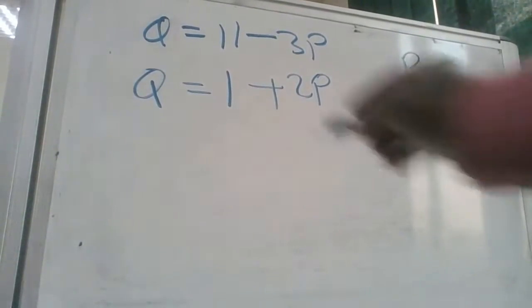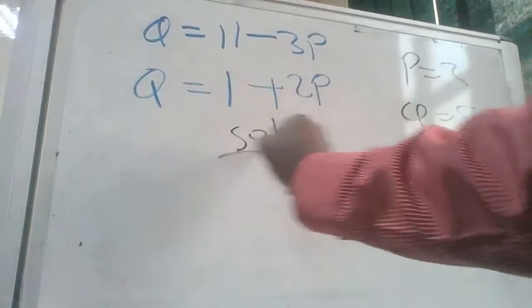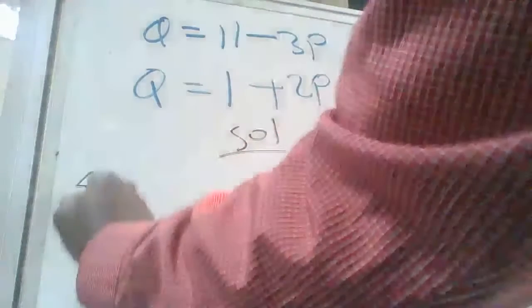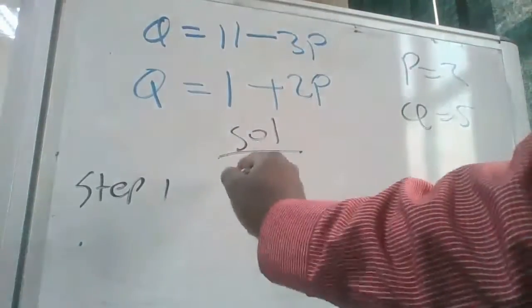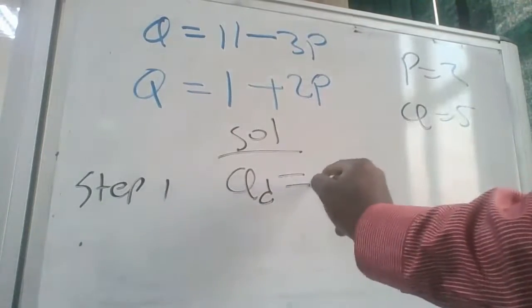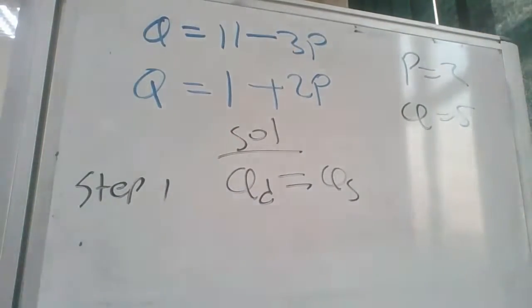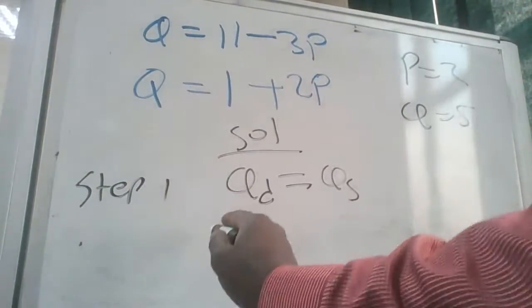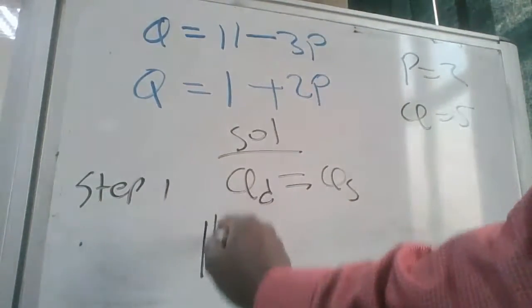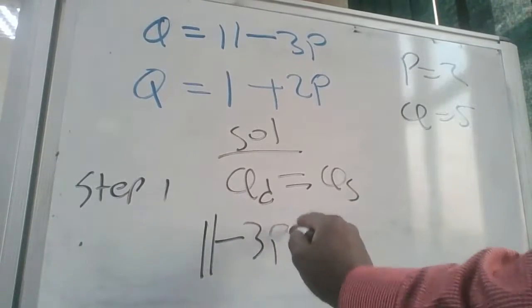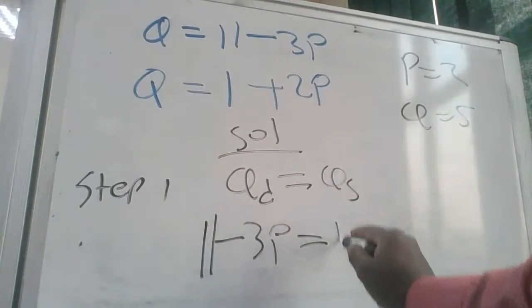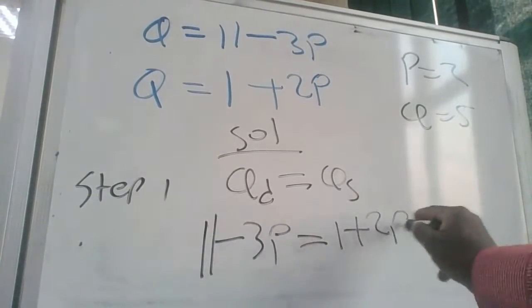So remember again, if we are just to do it together, solution, step 1, we said that quantity demanded must be equal to the quantity supplied. And from here, we can substitute. Quantity demanded is 11 minus 3P, and quantity supplied is equal to 1 plus 2P.